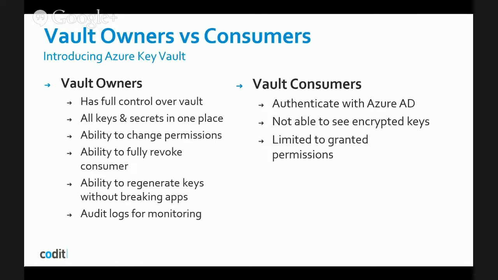So you only need to maintain one vault with all your data. They can change the permissions, revoke consumers, and regenerate keys without breaking apps. For example, if my application wants to lock something and they re-roll their storage key, they just update their vault, and the next time I retry, I will use the latest version if I'm not caching.